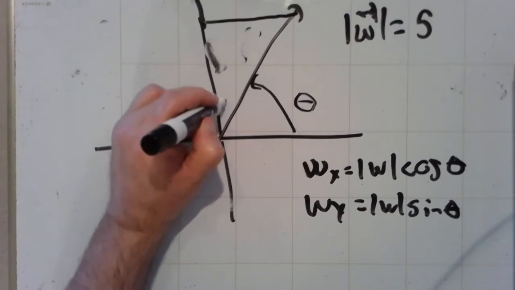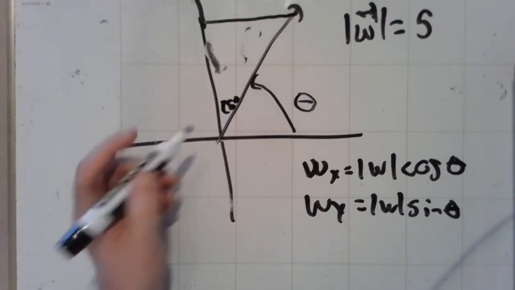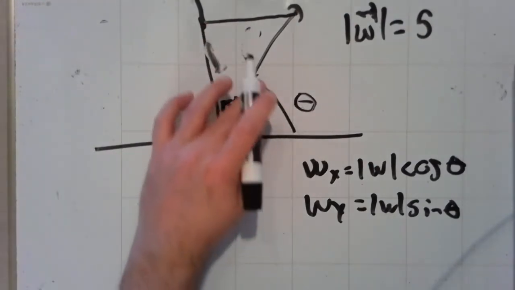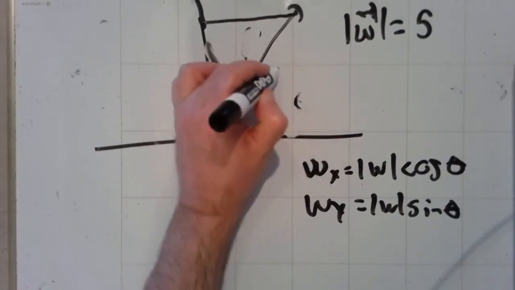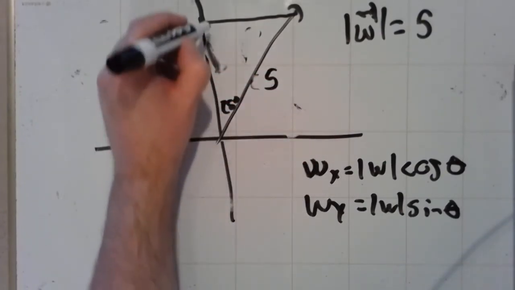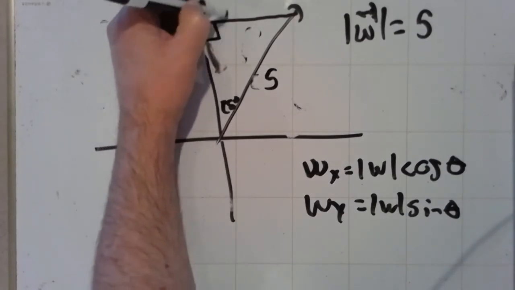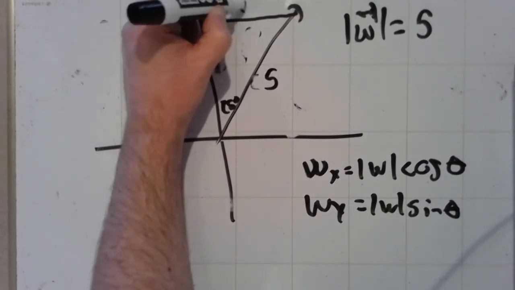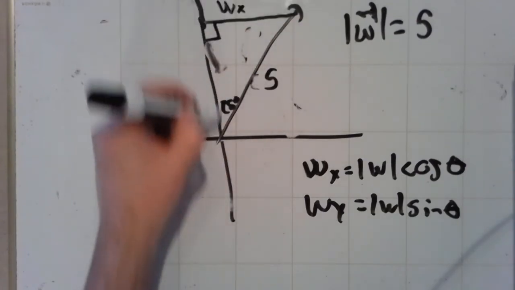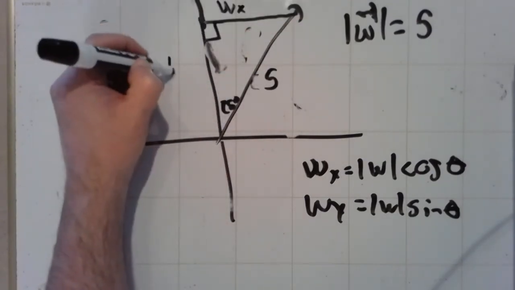This is 28 degrees here. Magnitude is the hypotenuse, and it's always positive. This side is 5. This is my right triangle, and I just look at the picture. Over here, this is an x component. It goes in the x direction. This is a y component.